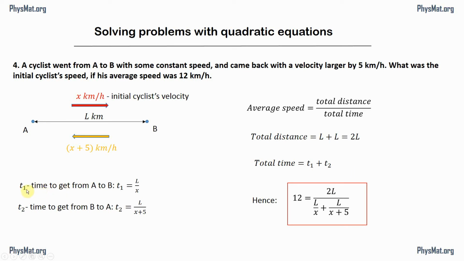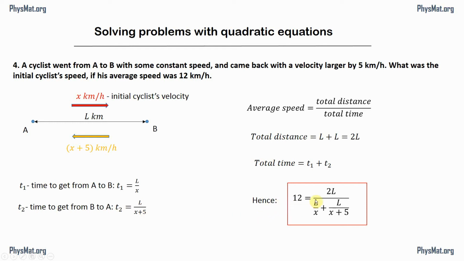So this time t1 is obviously equal to this distance, which we don't know, but we denote it with letter L, so this distance L divided by speed x. And on the way back, time will be equal to the same distance L divided by x plus 5.